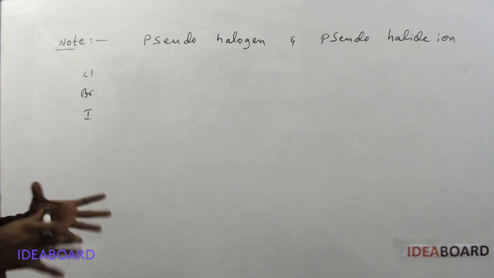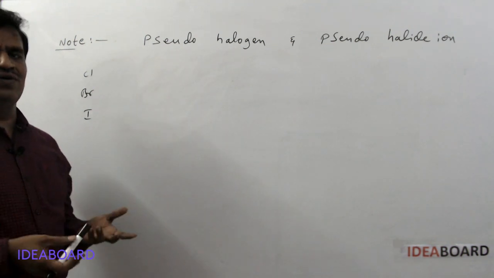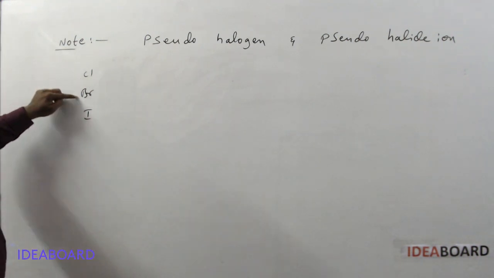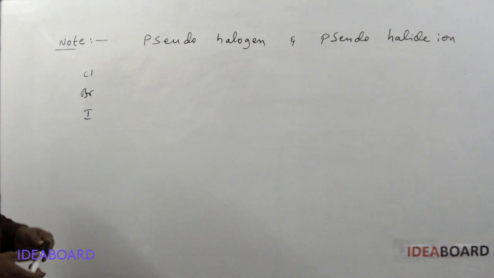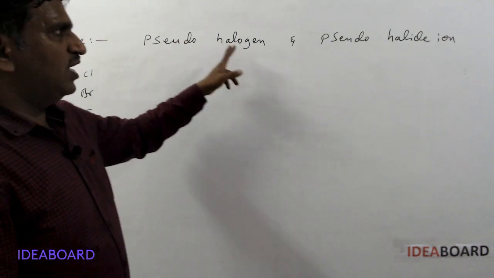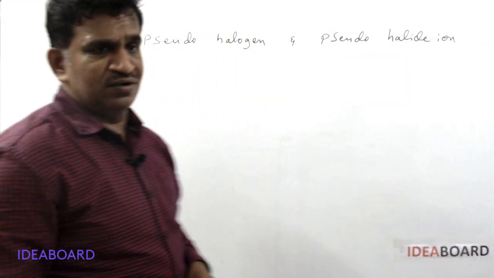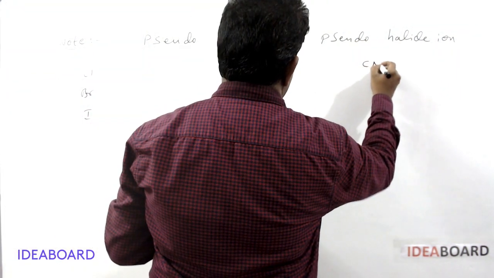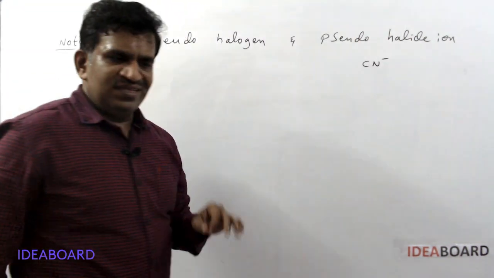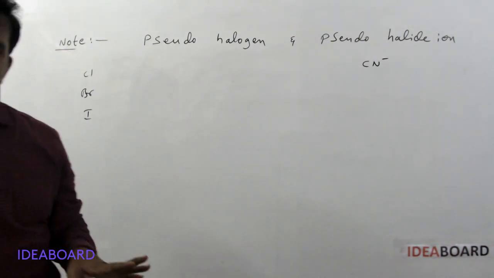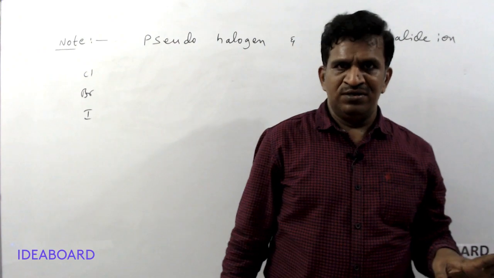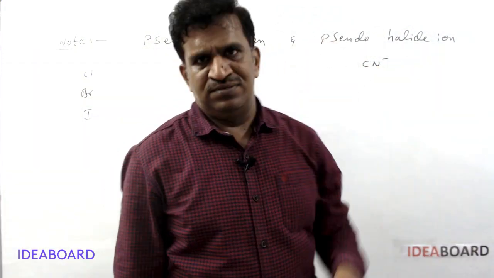So any species, an ion or a molecule, which has a similarity with chlorine, bromine, iodine properties is called a pseudohalogen or pseudohalide ion. The best pseudohalide ion is CN minus. In the examination previously they asked this question, which of the following is a pseudohalide ion? That is CN minus.